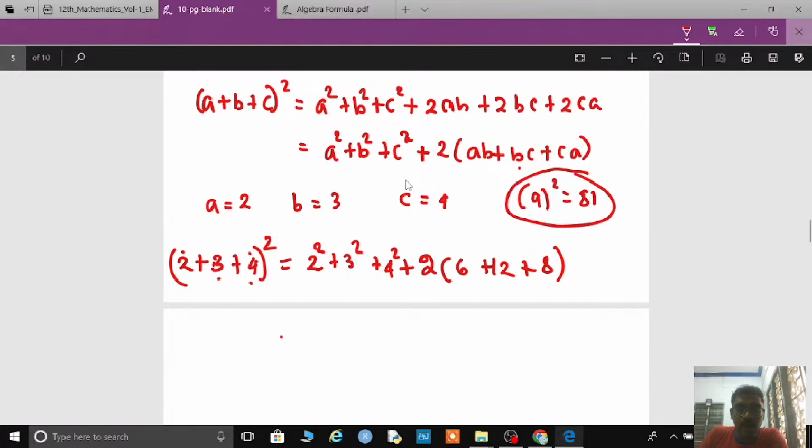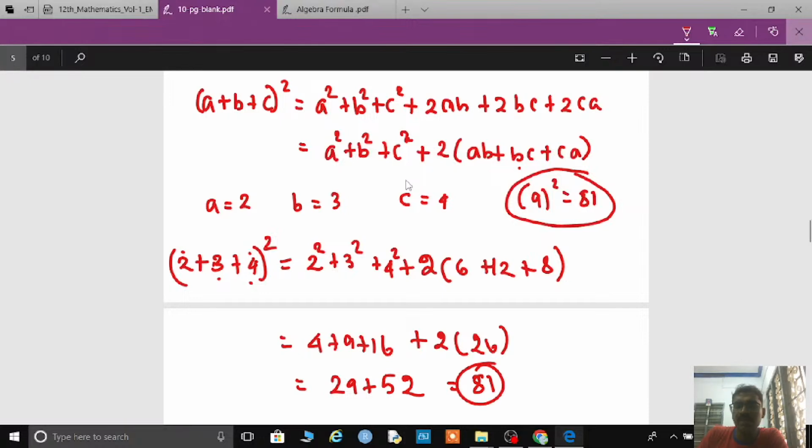Just square them: 4 plus 9 plus 16 plus 2 into 6 plus 12 plus 8, that is 20, 20 plus 6 is 26. Got it? 9 plus 4 is 13, 13 plus 16 is 29. 2 into 26 will become 52. Just add these numbers and we obtain the result as 81. So this is the final answer we obtained.